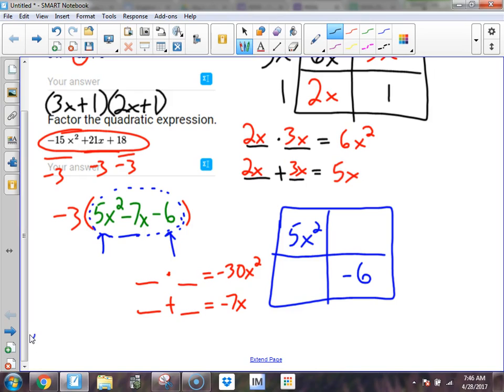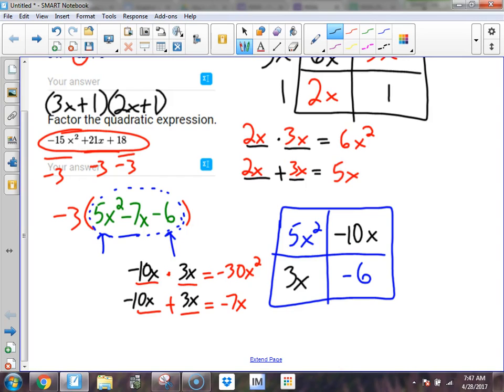Okay, so it's got to be a -10x and a +3x. Okay, so now it's up to us to decide where we want to put things. I'll decide to put the -10x here and the +3x there. It didn't matter where I put it.